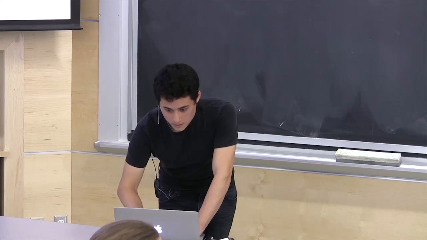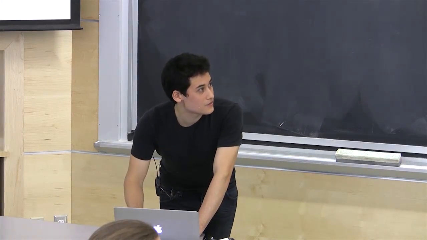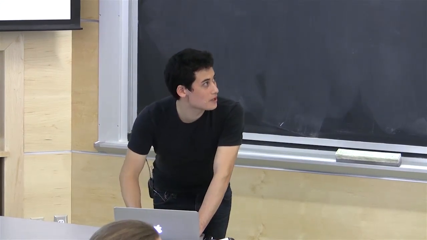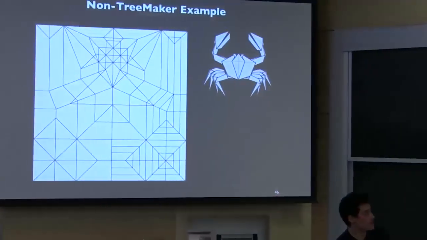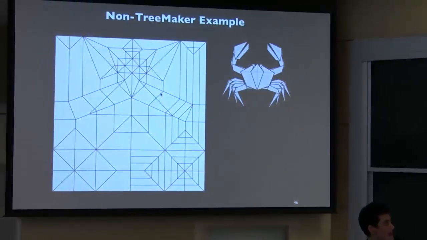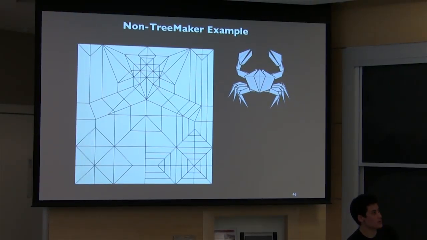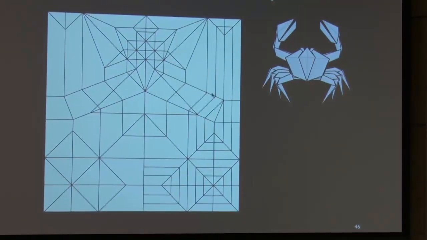Okay. Play slideshow. All right, so that was kind of the example of TreeMaker. Here's an example of a non-TreeMaker model that I designed this weekend, a crab. I actually designed this model after I had drawn this picture, and I wanted to incorporate some of the elements of this picture into my design process.